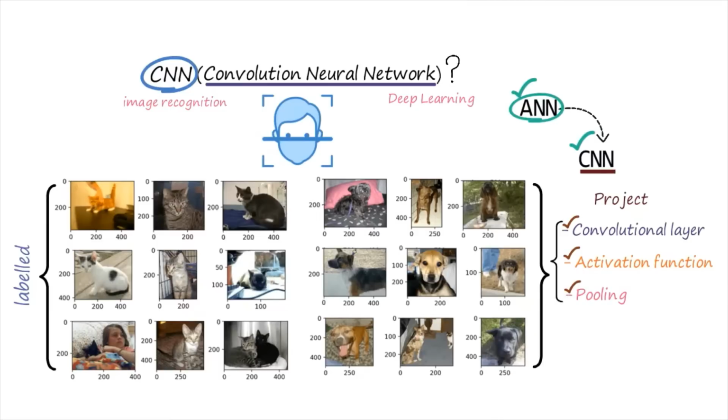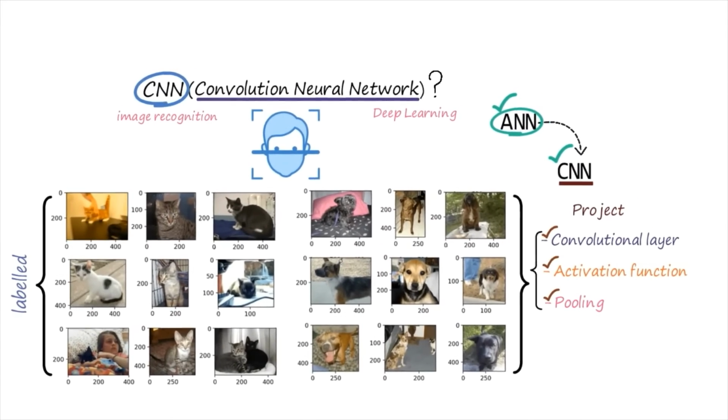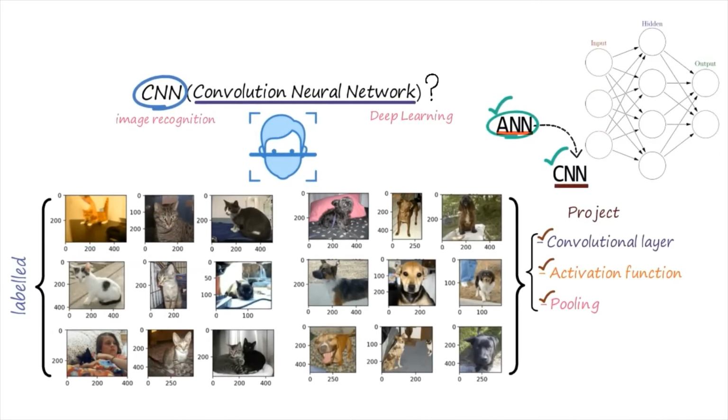And whenever we perform these three steps together, then the fourth step of the CNN will exactly behave like an artificial neural network. That is, it will have one input layer, some hidden layers, we will give some input, all the inputs will be connected to the hidden layers, and finally we will have some output layer. So this is the basic architecture of CNN.